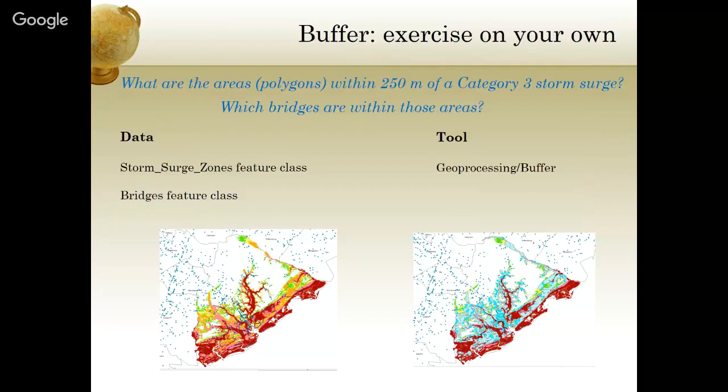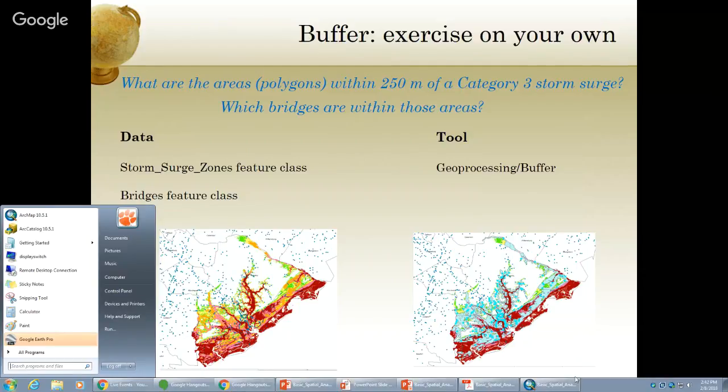So we may have an engineer, or a city or county department official, asking us what are the bridges that might be impacted in a Category 3 plus a little bit? We need to go inspect those and make sure that they can handle an upcoming storm, for instance. So we're going to buffer our storm surge zones to identify these bridges and take a look at those buffers.